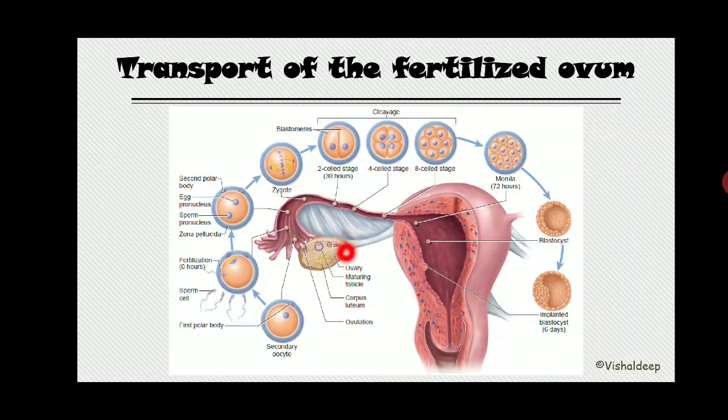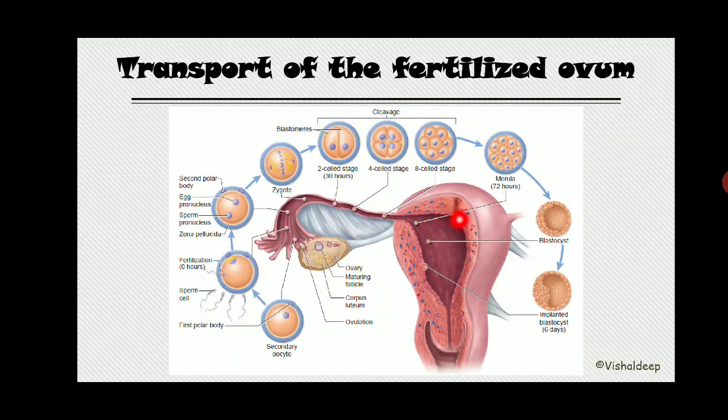So you see, ovulation will take place about the 14th day of the ovarian cycle. In 1 to 2 days fertilization will take place. So fertilization actually occurs about the 15th to 16th day of the menstrual cycle, or rather 1 or 2 days after the ovulation. The lifespan of the ovum is 1 to 2 days, and once fertilization takes place, the implantation will occur after 1 week.